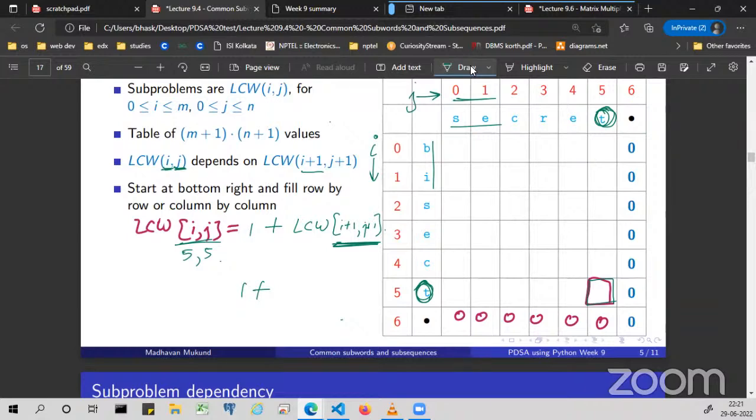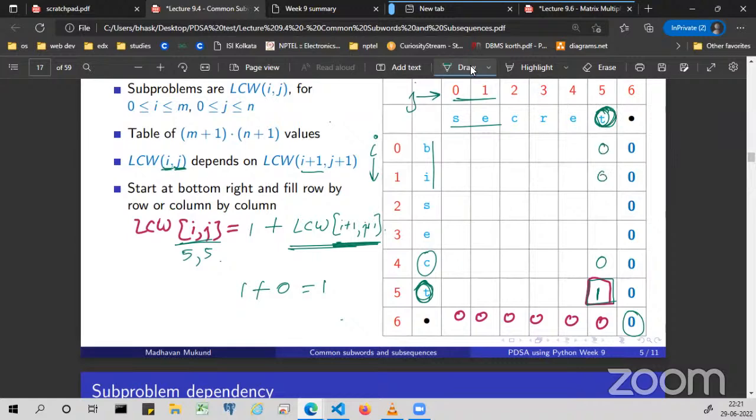But according to the formula, LCW I plus 1 j plus 1 is this number, which is already 0. So I would write 1 plus 0 equal to 1. This is 1. Accordingly, let's check this value 4. Is C a match with P? No. Since it is not a match, I would put 0. I see that B, I, S, E, no one is a match with P.